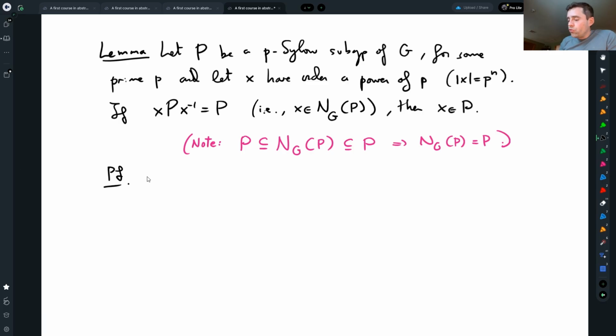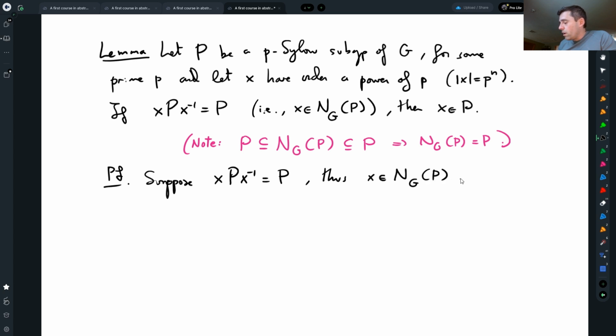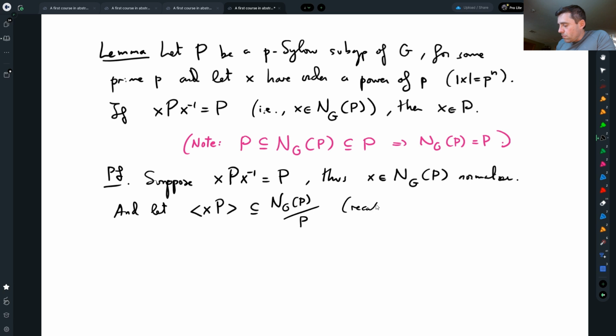Okay, so let's prove this lemma as follows. So suppose, as in the statement, that XPX inverse is P, and thus X is in the normalizer in G of P. All right, and we're going to look at the coset generated by X in the quotient of the normalizer by P, where recall that P is normal in the normalizer, so that is a group.